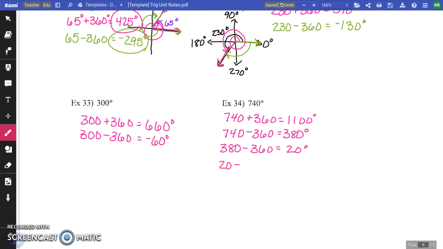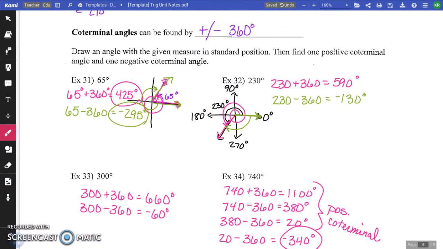Then 20 degrees minus 360 one more time gives you a negative 340. Okay, so there's a negative coterminal angle, and then these are all positive coterminals. They are all coterminal angles, just in the directions I asked you for, one positive and one negative.